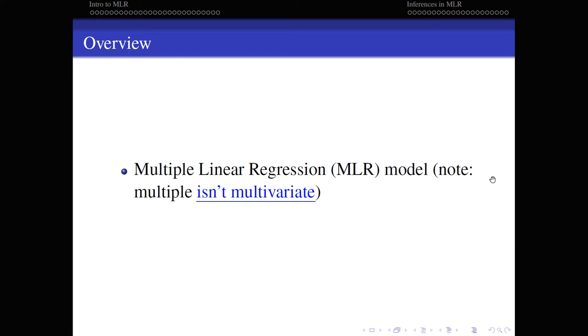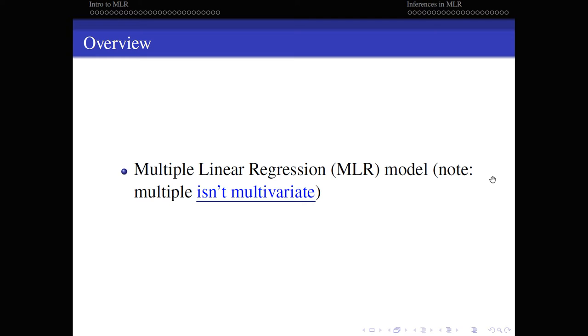Now, it's important to note that multiple linear regression is different than multivariate linear regression. Multiple linear regression refers to the number of independent variables in the model typically being more than one. So with a single independent variable in the model, we have a simple linear regression. With multiple independent variables in the model, we have a multiple linear regression.